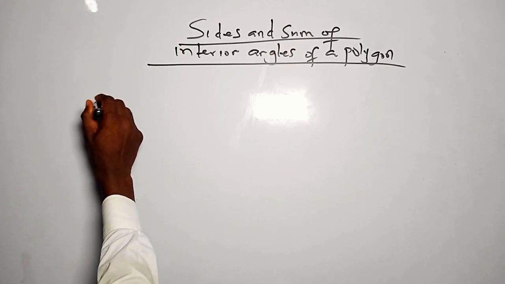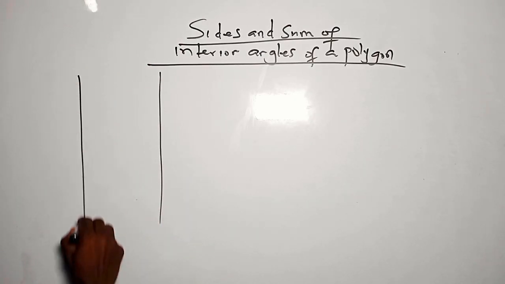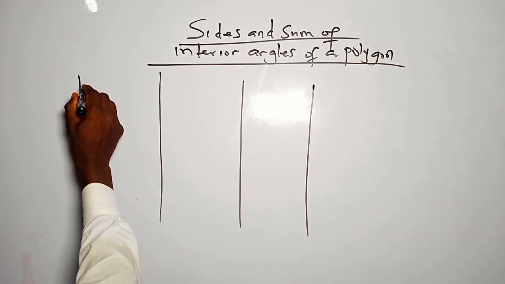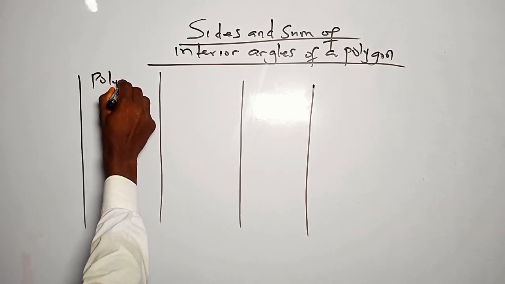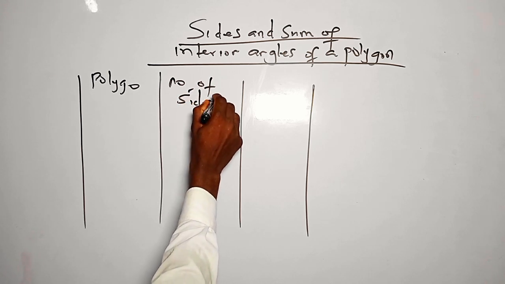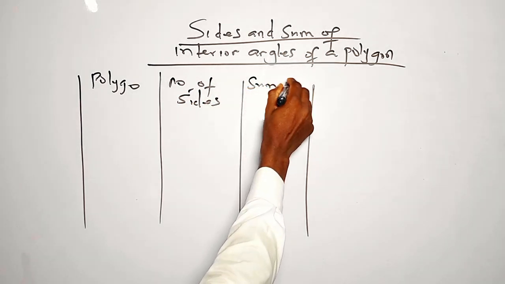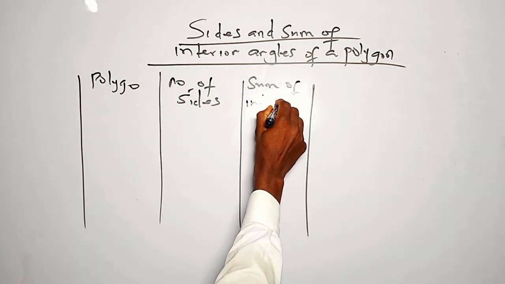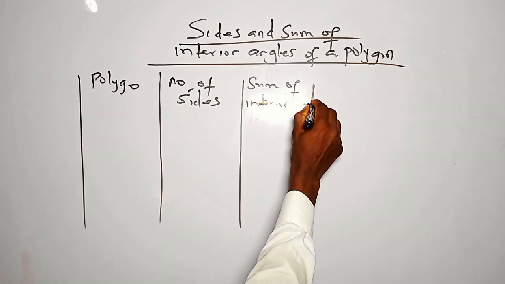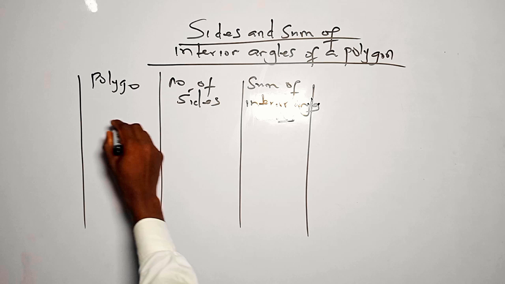So let us tabulate a 3-column table. We have the polygon, the number of sides, and here we have the sum of interior angles.